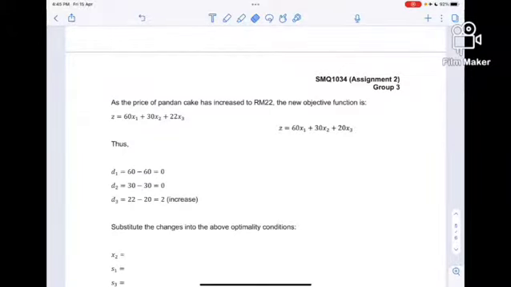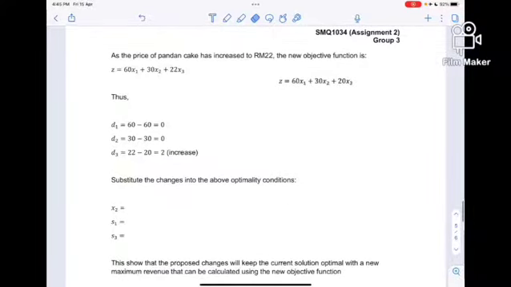Then we substitute the changes into the above optimality condition. It is satisfied if all of our reduced costs are non-negative, in other words positive numbers. For X2 it is more than 0, thus it is satisfied. S1 is 14, it is also satisfied. S3 is 2, so it is also satisfied.